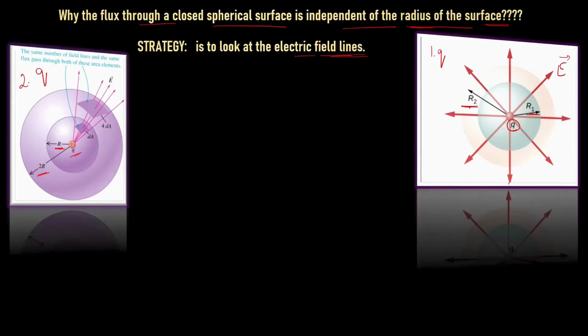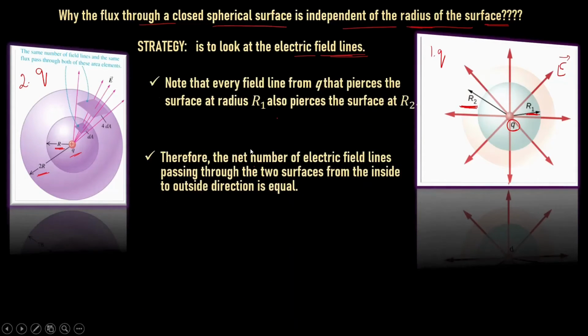That means the electric field lines will remain the same in both figures, and those same field lines will cross the surface of radius R1 as well as the surface of radius R2. It hardly gets affected by the presence of the surface area, whether it is larger or smaller.